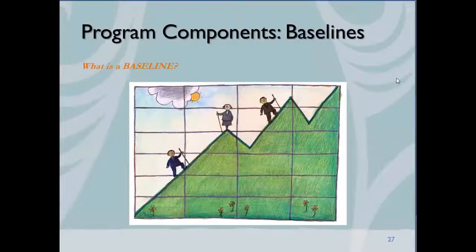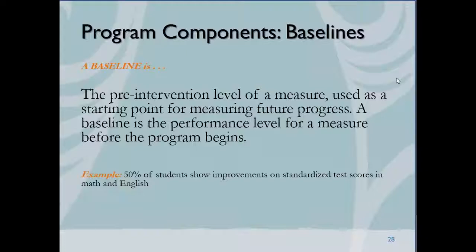So in our example around test scores for math and English, in our particular case, we might be seeing that 50% of the students show improvement because we've implemented a specific program on their standardized test scores. But remember, we said that the benchmark for other districts might be at 70%. So you can start to see how you compare yourself against other areas, as well as understanding where you are before you implement your program.